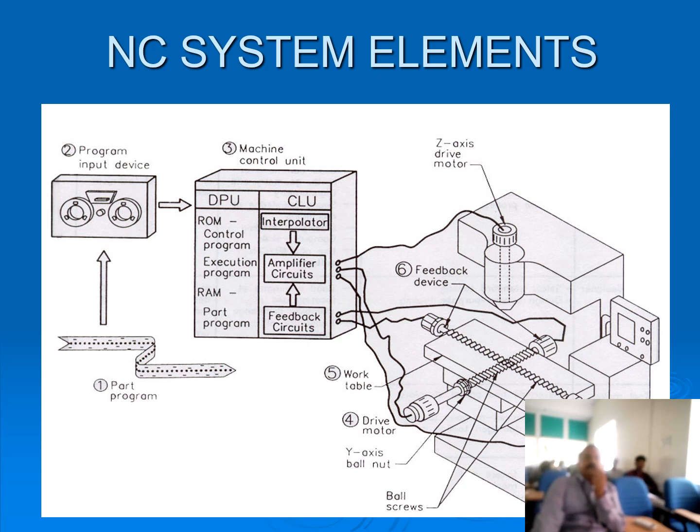Here is the machine control unit. Number 4 is the drive motor, the work table is here, the Z-axis motor is here, and the feedback device is also there. So these are the different elements.